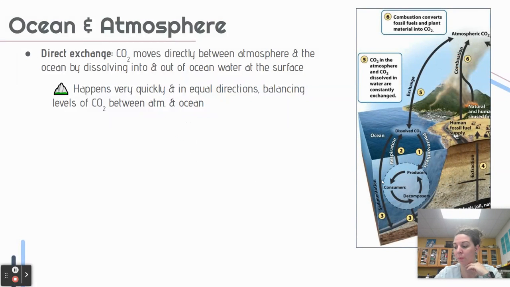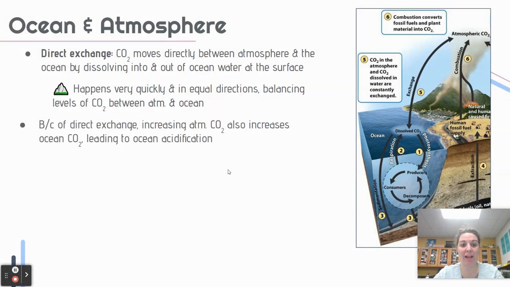So that's when we look at the diagram over here, that's being represented by number 5. Okay, so it's being dissolved, and you can see it's got an arrow going both directions because some is released and some is dissolved both ways.